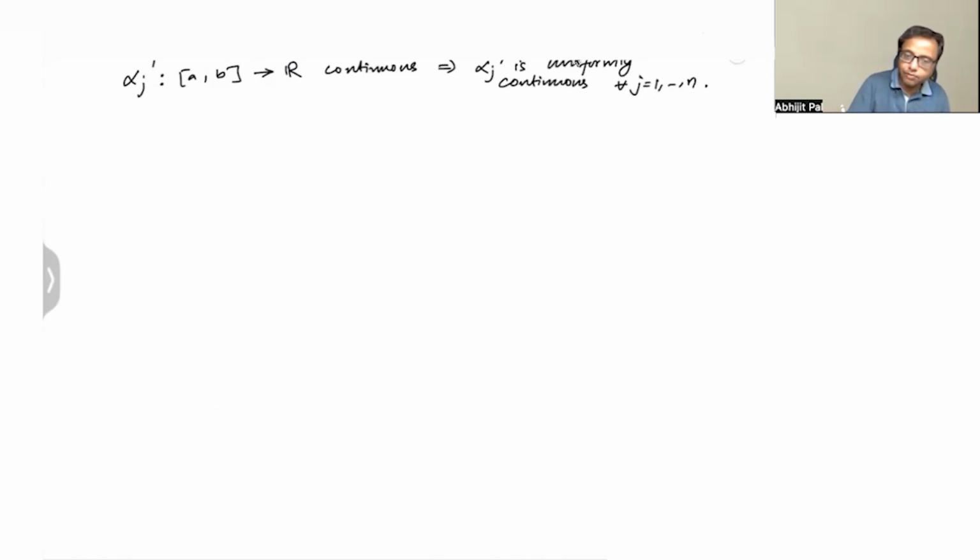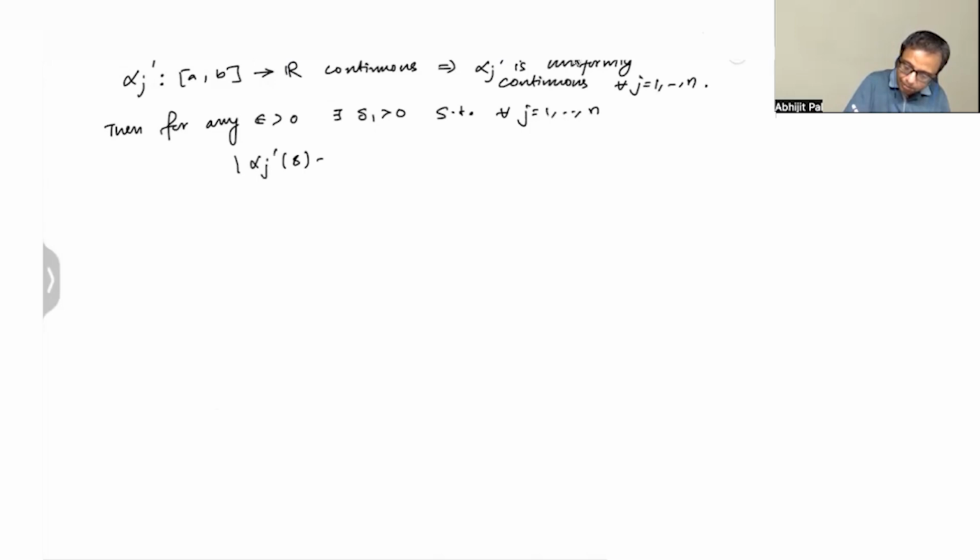Therefore, for any epsilon greater than 0, there exists delta 1 greater than 0 such that for all j equal to 1 to n, mod of alpha j prime s minus alpha j prime t is less than epsilon by 2n times (b minus a), whenever mod of s minus t is less than delta 1.